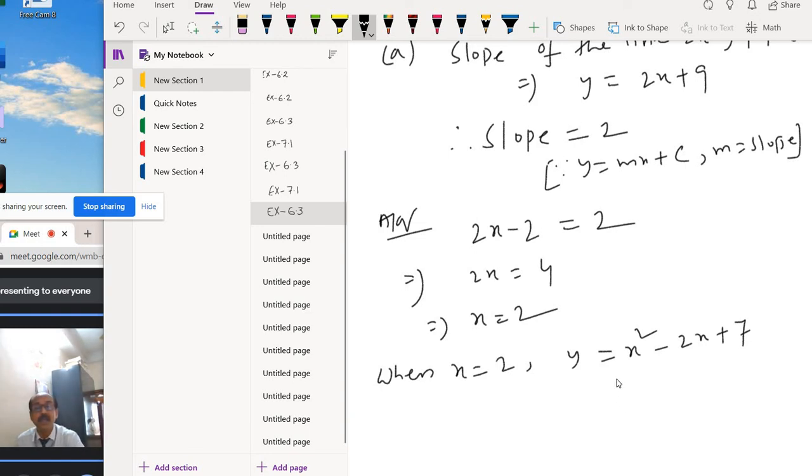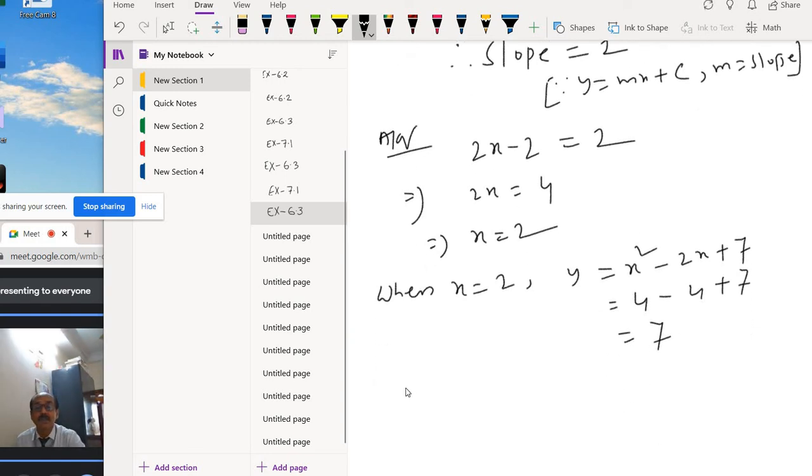So x is 2, 2 square is 4, minus 2 into 2, 4, plus 7. So y equal to 7, 4 and 4 cancel. Therefore, the point of contact is 2, 7.